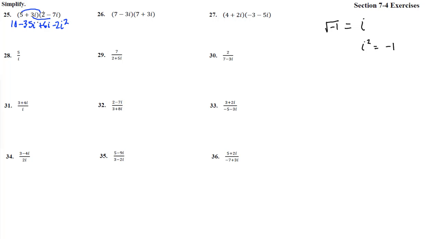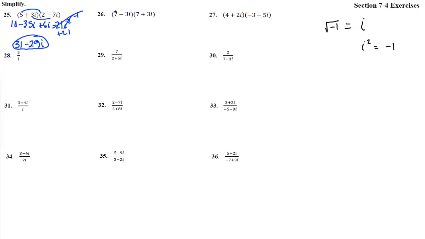And this is where the simplification comes in. 21i squared, and the simplification comes in that i squared is a -1, which makes this a plus 21. So this is a real number. That makes 31 minus 29i. And we'll turn all of them into the standard form of a plus bi. 31 minus 29i. Excellent.